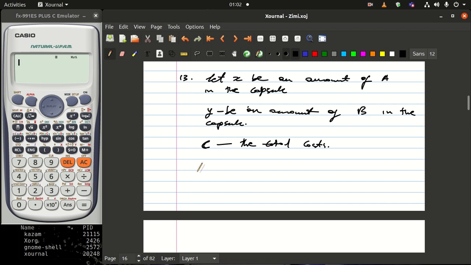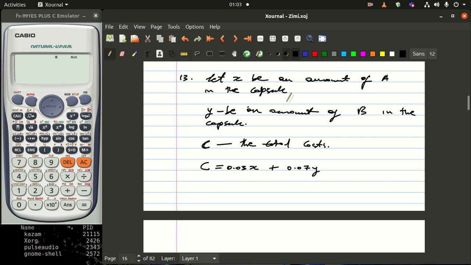They are already telling us that C is going to be the same as 0.03 X, because it contains A, plus 0.07 times Y. The statement is saying the cost of A is $0.03 and the cost for B is 0.